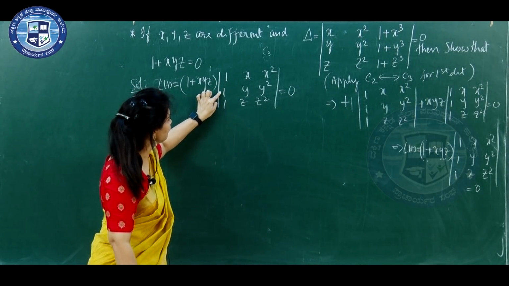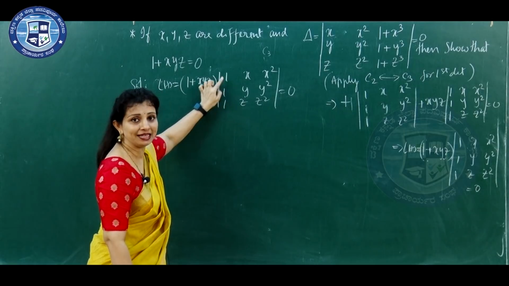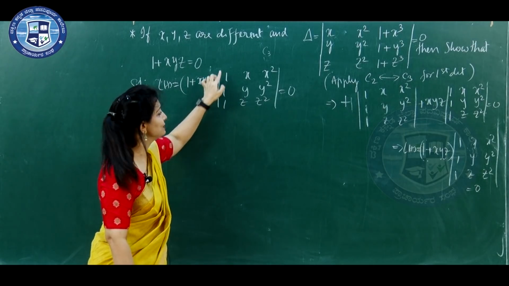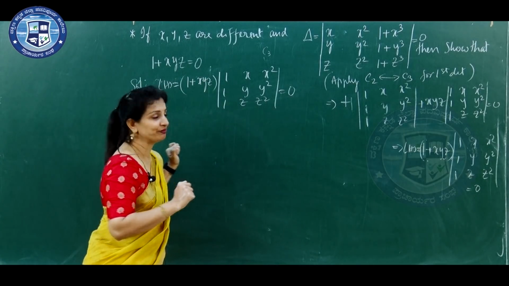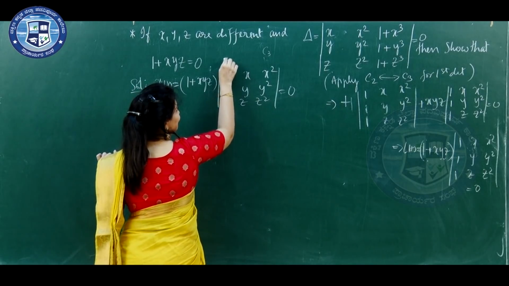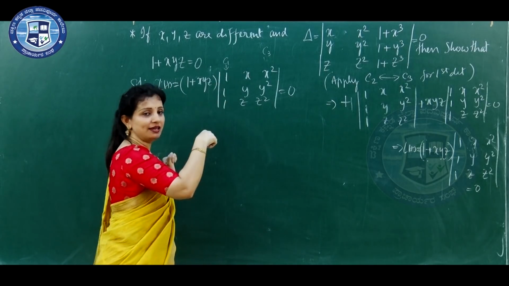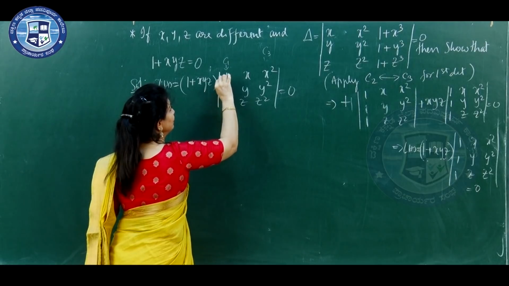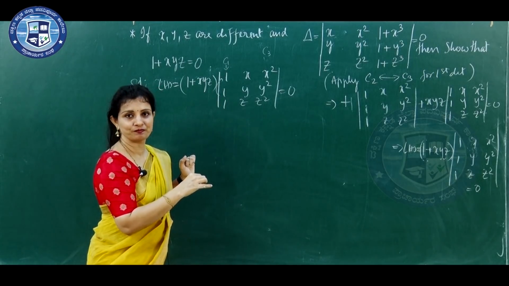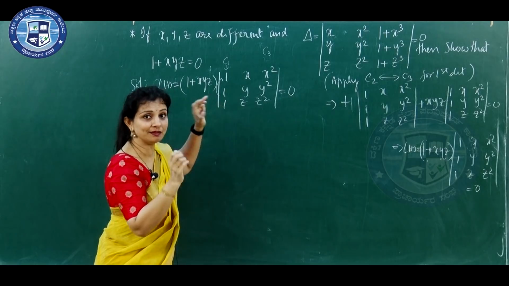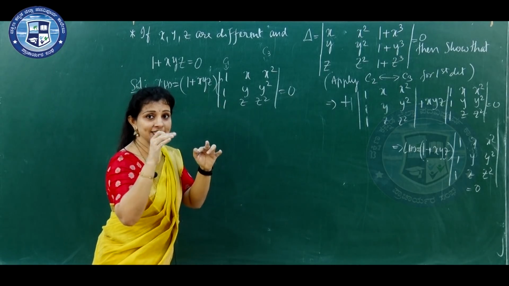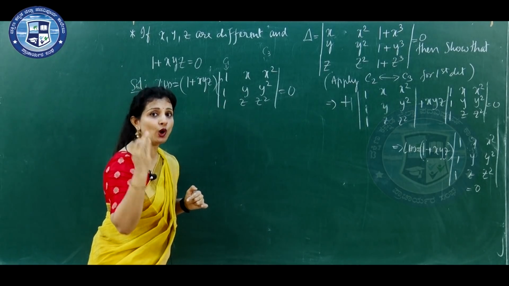Since in the first column each element is 1, it is possible to subtract as we did before. If in a column each element is 1, subtract the rows. If in any row each element is 1, subtract the two columns.